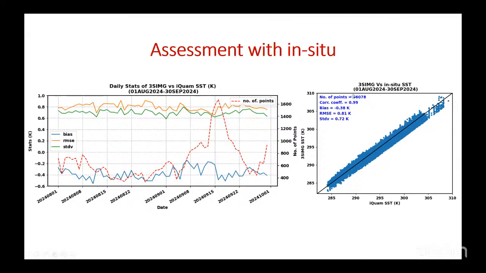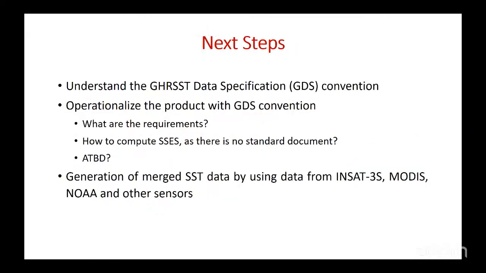That improvement is evident here, along with the consistency throughout the period, including day-night variations. With this statistics, we are confident that we will be able to qualify this data for GHRSST GDS format data. We will be making this operational within the next month.